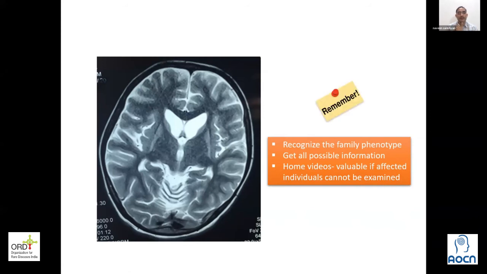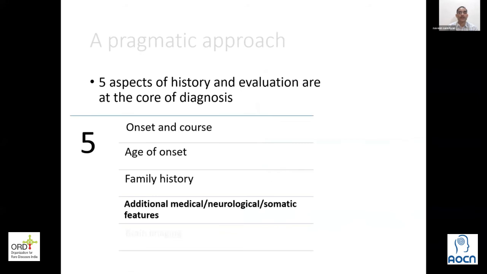Unless you have the full clinical information, it is difficult to pinpoint the genetic cause. So this again is a disorder which was difficult to diagnose just based on genetic testing. Unless you have accurate clinical phenotyping, you cannot diagnose these patients.